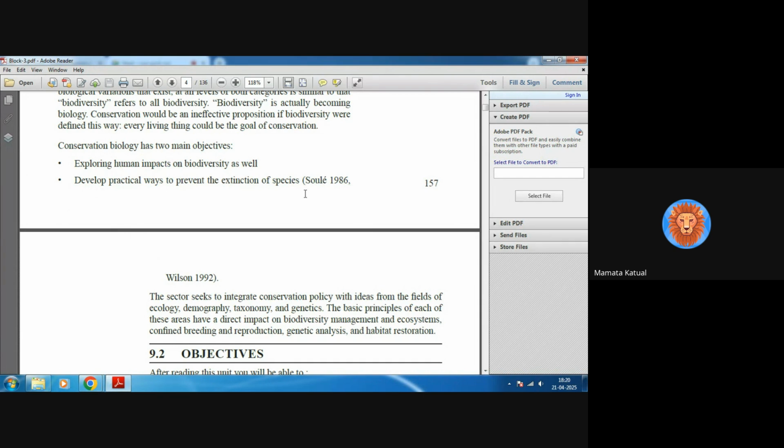When there is extinction of species, there will be loss of biodiversity, and mostly it is due to the human factor. So it has two aims: to study the impacts of human beings on the loss of biodiversity, and to develop practical ways to prevent the extinction of species.